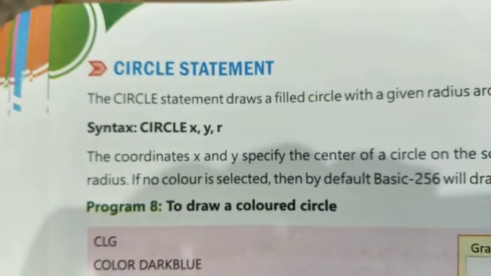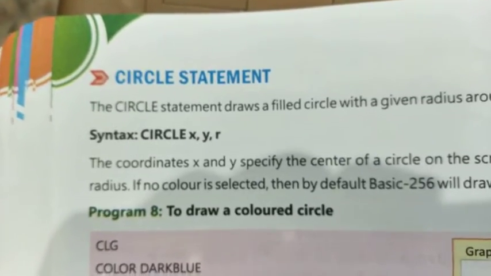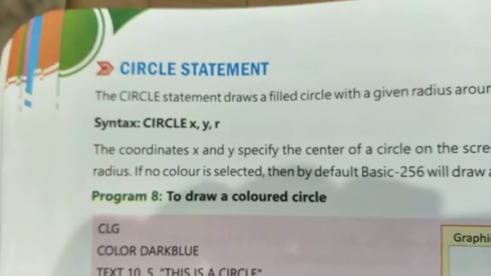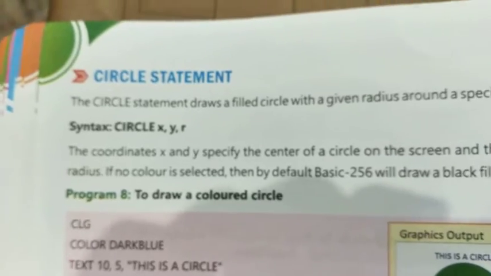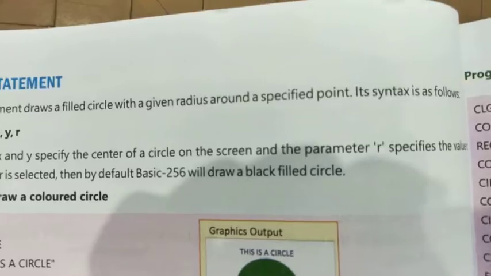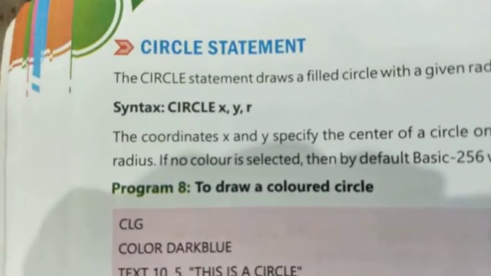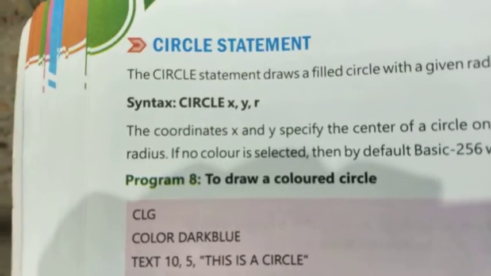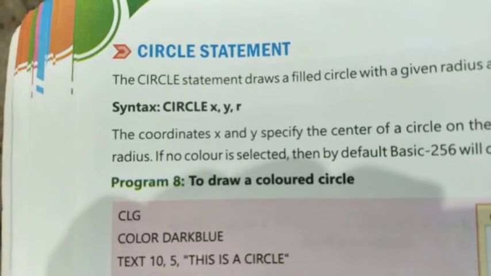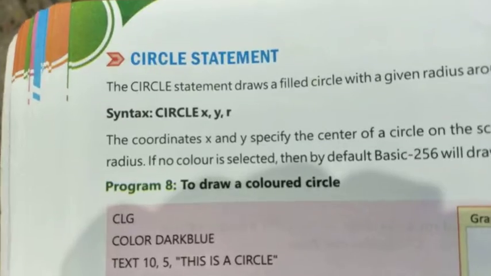Now here is another command or statement, that is the circle statement, to draw a circle at a particular coordinate that you have assigned there. The circle statement draws a filled circle with a given radius around the specific point. Its syntax is CIRCLE, x coordinate, y coordinate, and the radius of the circle. Whatever radius you assign there, a circle of that radius will be drawn.